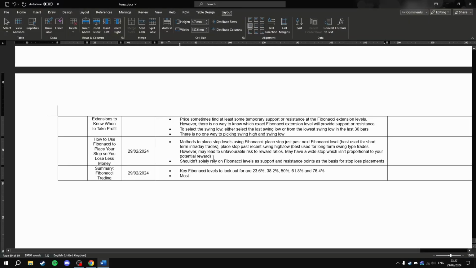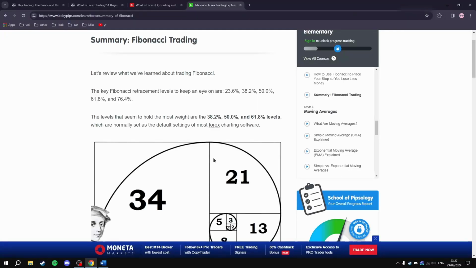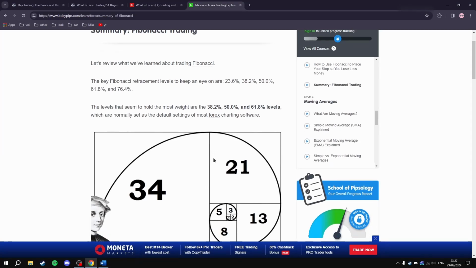Most common ones to look out for are 38.2%, 50%, 61.8%, which are normally set as default settings for most Forex charting software. Yep.